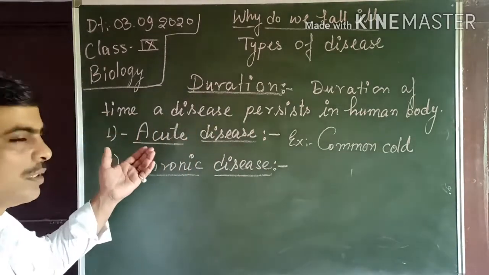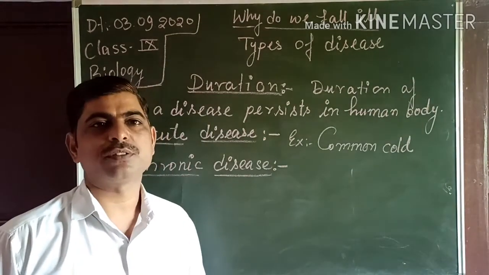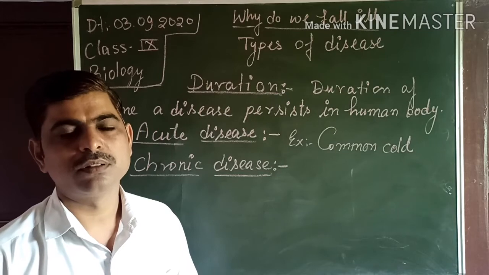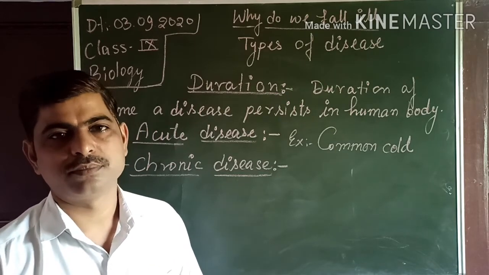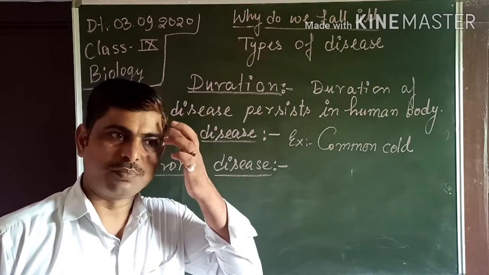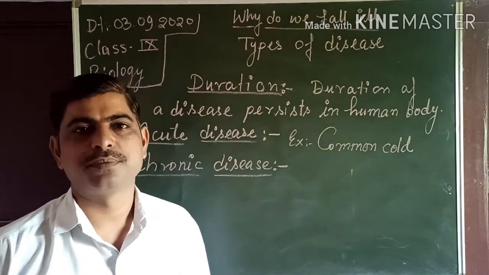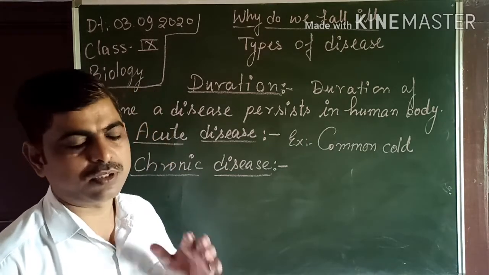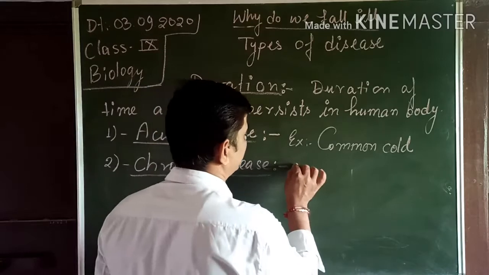It means the disease that persists for a longer period of time in the human body, maybe as long as the life. Many times it happens that disease persists in the body throughout the life. Okay, so that type of disease, chronic disease, persists in the body for a longer period of time.